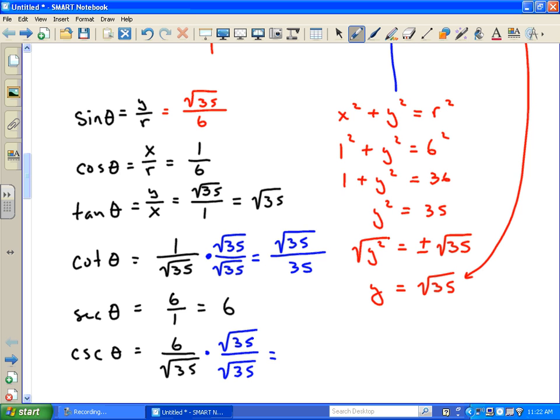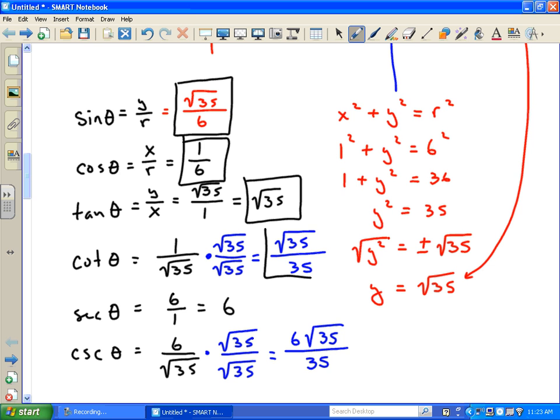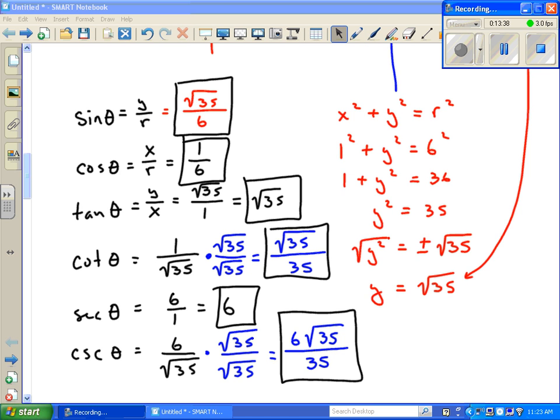On the top, you can't combine those two numbers, so it's just going to be 6 square roots of 35, and then on the bottom, the root goes away, and you're left with 35. And so there are your 6 trig function values. Like I said earlier, once you know 3 of them, you know the other 3 for free. This concludes the example on trig function definitions.